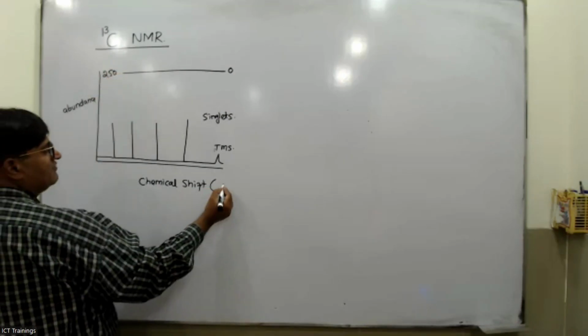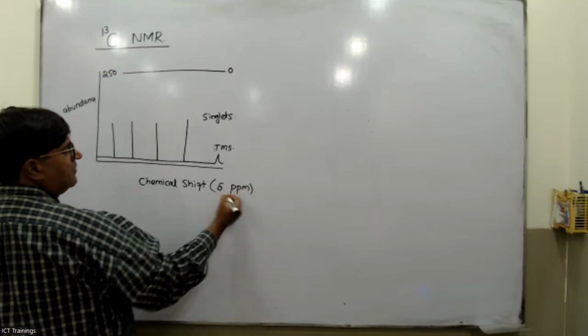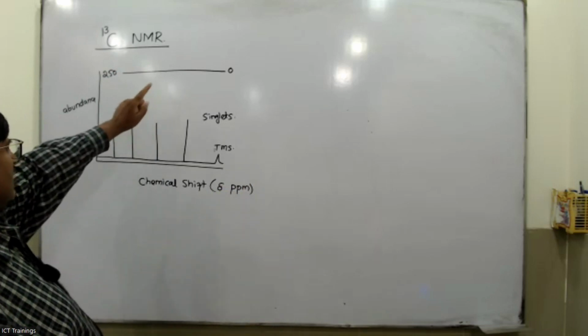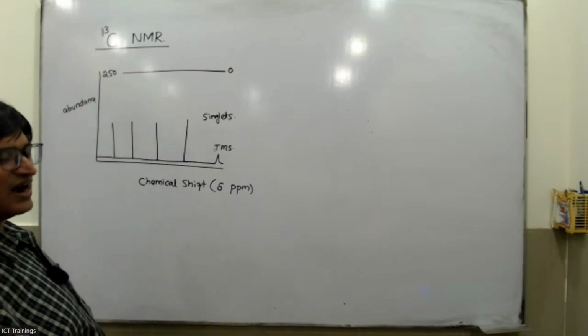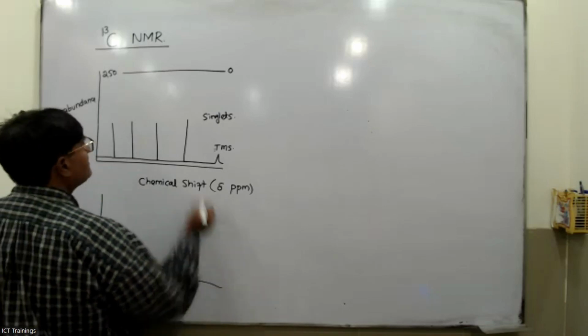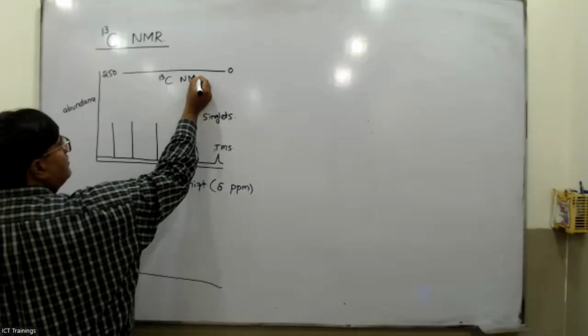Chemical shift is in ppm, parts per million. It is going to have a range of 0 to 250, whereas the hydrogen NMR, on a comparison, this is the carbon 13 NMR.